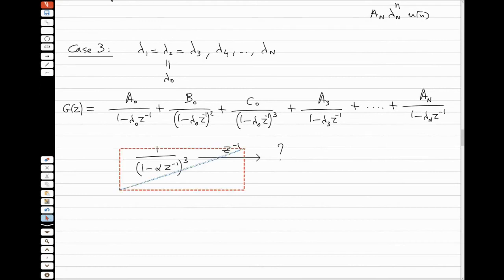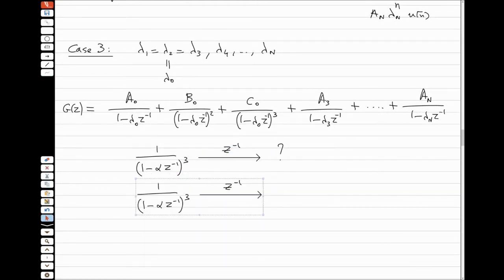What we know is that when there's a single power, you just have lambda to the power n u of n.